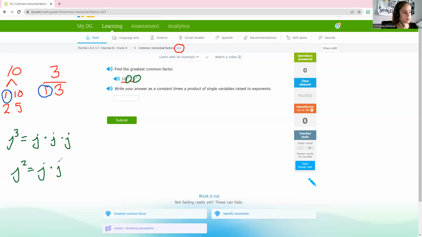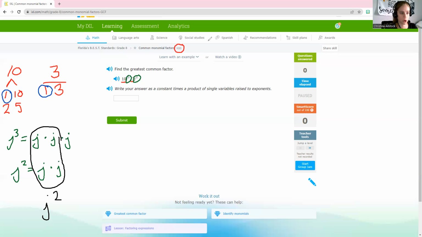To find the GCF of variables, we want to see how many variables do they have in common? And I can see they both can get up to 2 j's. They both have a max of 2 j's in common. Therefore, 2 j's, otherwise known as j squared, is our GCF.